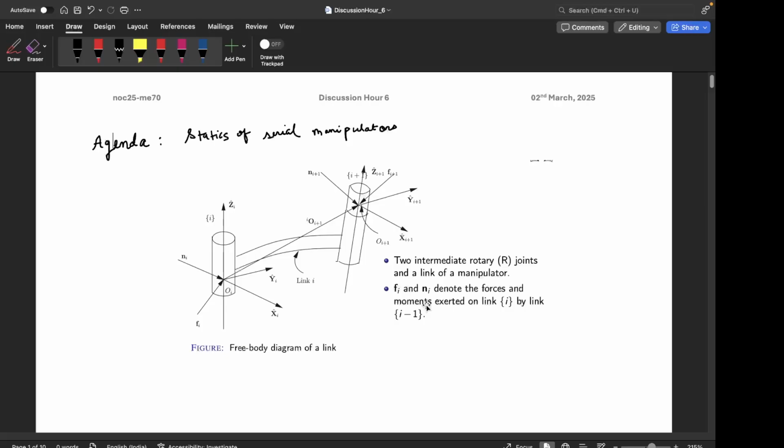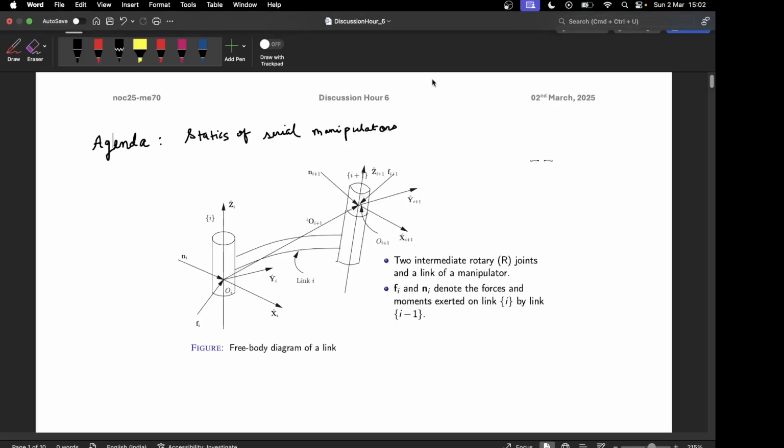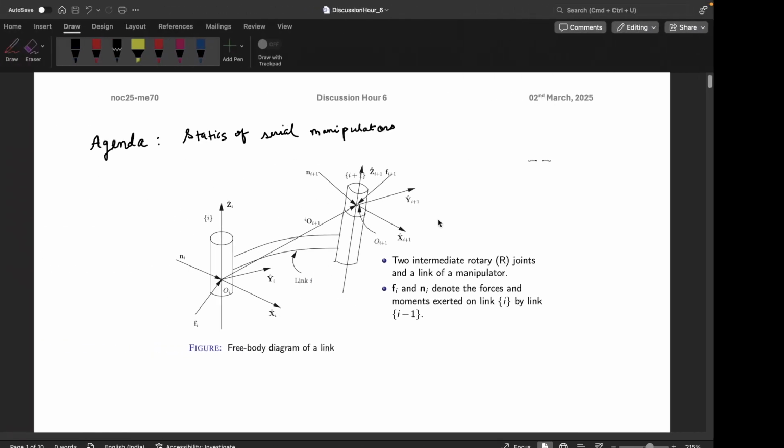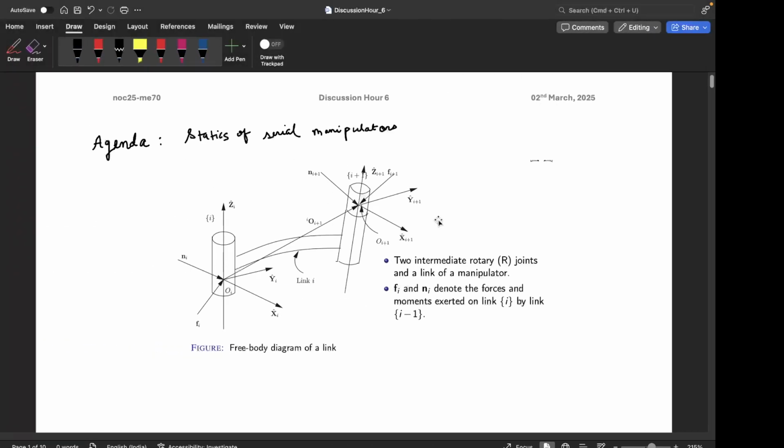And in singular configurations, serial manipulators lose a degree of freedom, so they cannot move in all possible directions as they can in non-singular configurations. And we usually avoid singular configurations while designing the tasks around these manipulators.